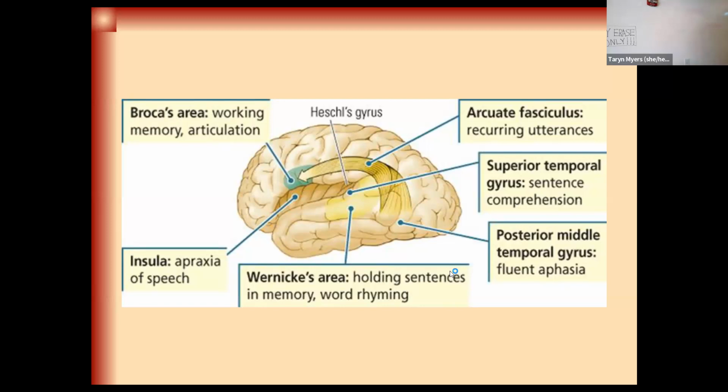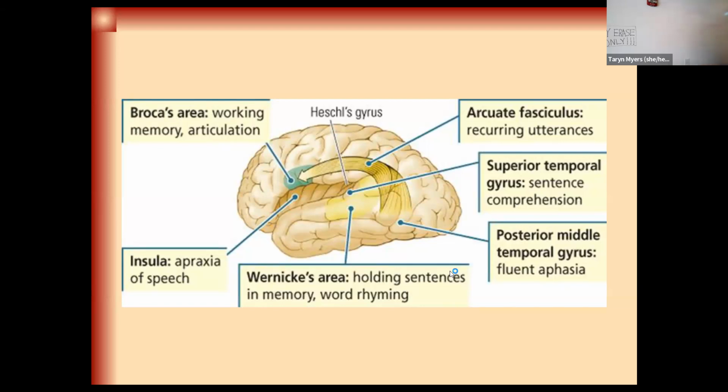Arcuate fasciculus, recurring utterances. So if you repeat things over and over, or just things that we commonly say. The superior temporal gyrus has to do with sentence comprehension. And then the posterior middle temporal gyrus, not shockingly in the posterior area of the brain here, has to do with fluent aphasia.